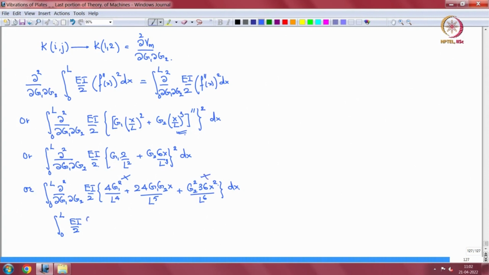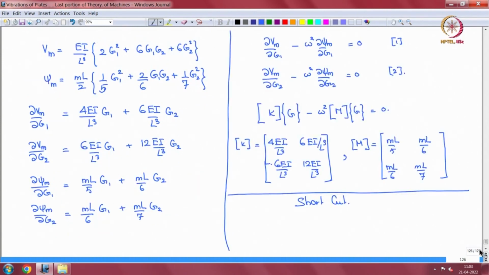So you get EI by 2, only this survives, which gives me 24x over L5, or rather 12x over L5, dx, which after integration is EI 12 x square by 2 L5 over 0 to L. Which gives me 6 EI by L cube, which is K12. So if you remember, K12 was this.